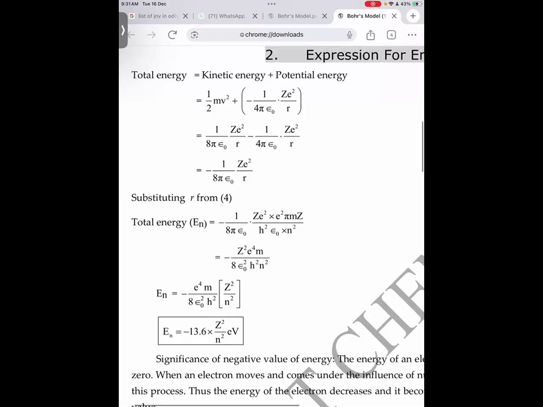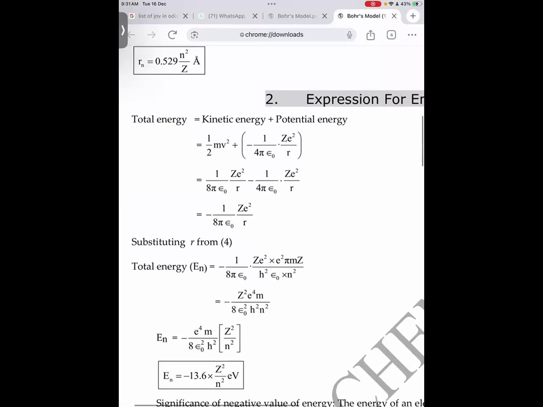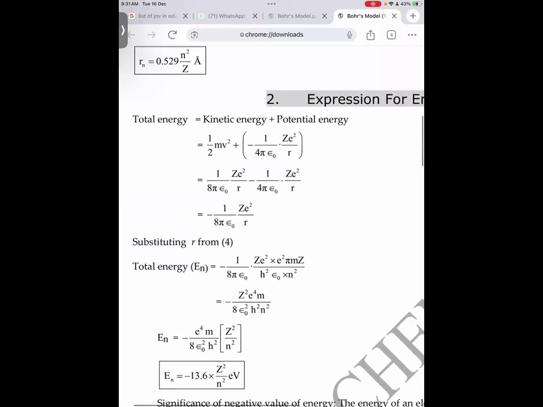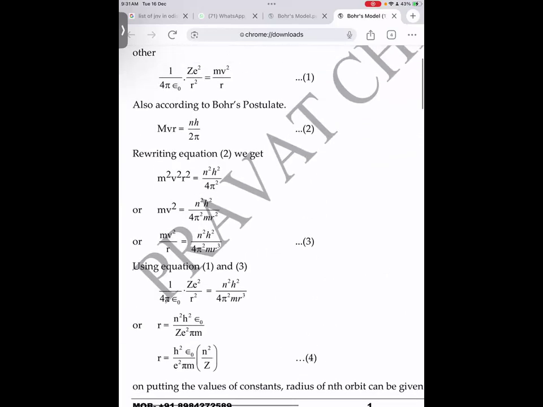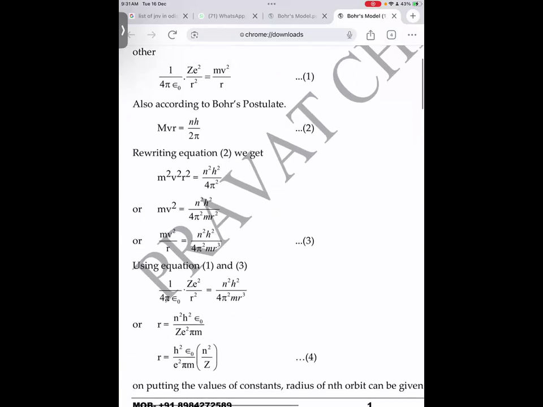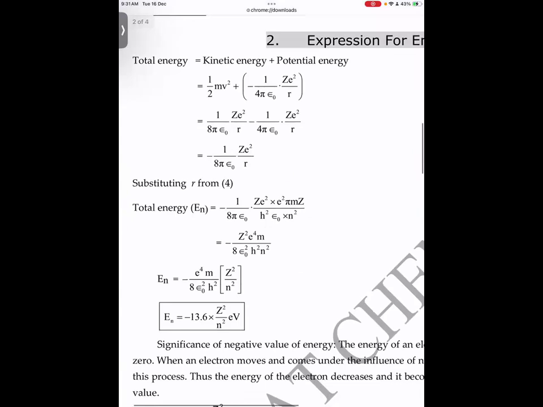If you put the expression for r, which expression? This one, r equal to h square epsilon upon pi m z e square into n square upon z. So the expression is minus z square e to the power 4 m upon 8 epsilon square h square into n square.